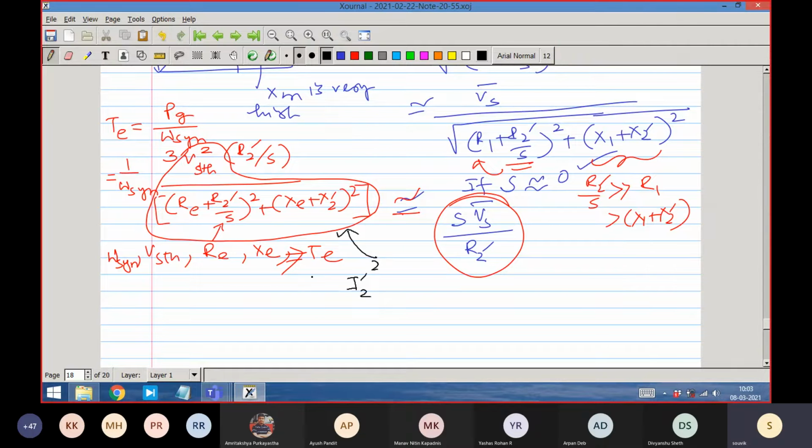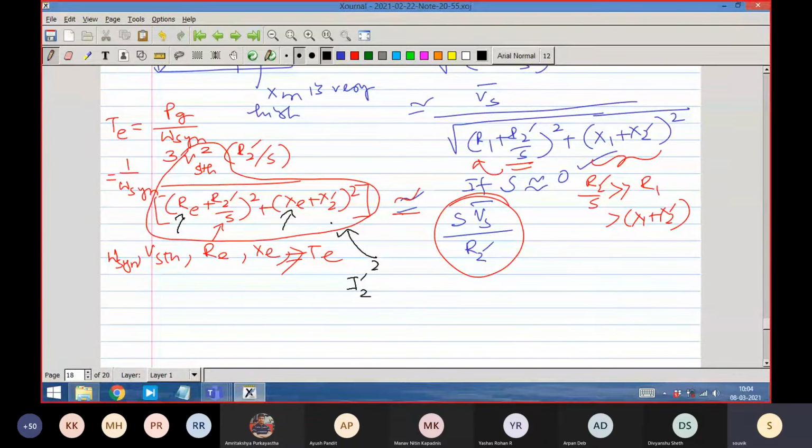The equivalent circuit is simple: two resistances and two reactances. This is the equivalent resistance. This is another equivalent, the Thevenin equivalent reactance. R2 dash is the rotor resistance. R2 dash by S is the effective resistance of the rotor due to the slip, which includes the effect of mechanical power transferred from the rotor.